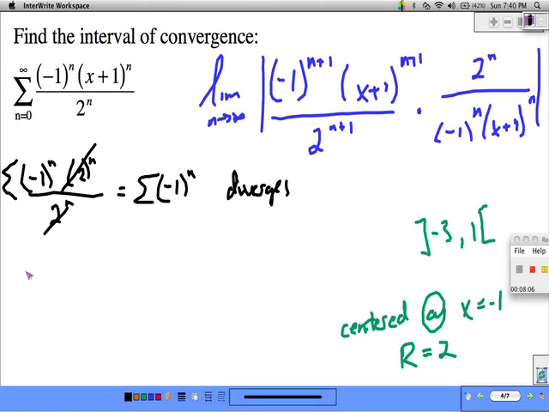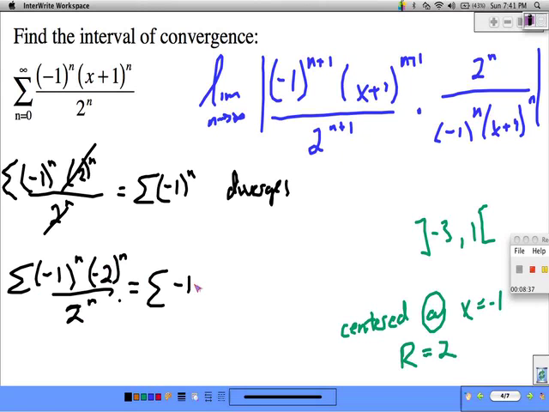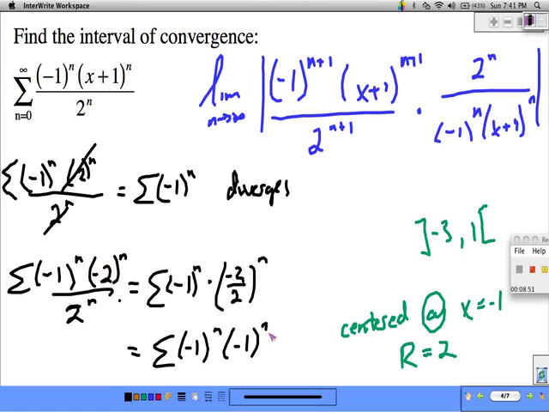And then plugging in x equals 1, take that back, plugging in negative 3, we're left with the sum of 1 to the n.